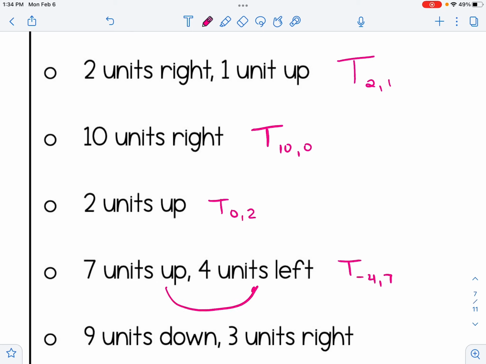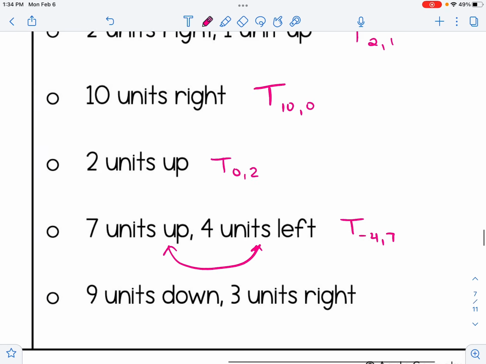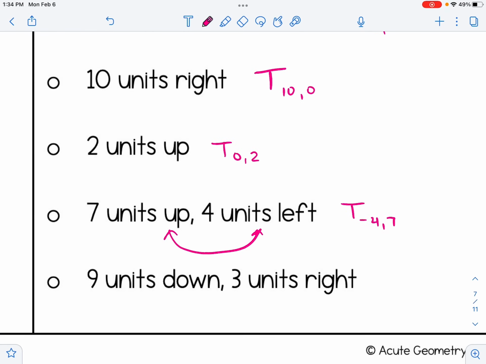So we're going to look at the left and right part first. That determines the first number in our symbol form, and then up or down. And we see that same trick in the last one here that we need to pay attention to. So this is going to be T, 3, negative 9. 3 indicating 3 units right, and 9 indicating 9 units down.